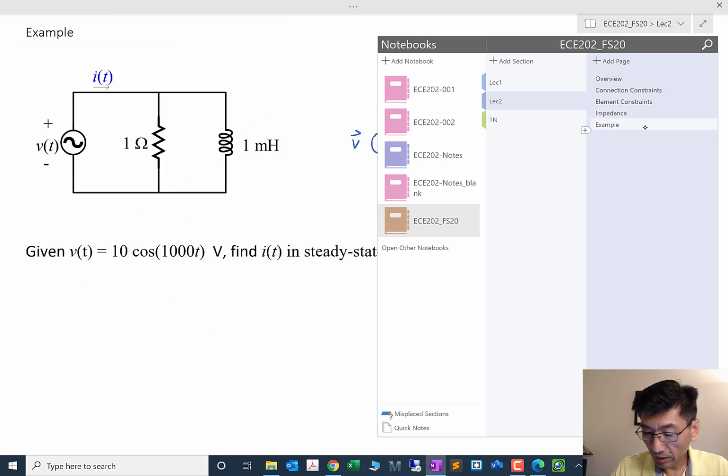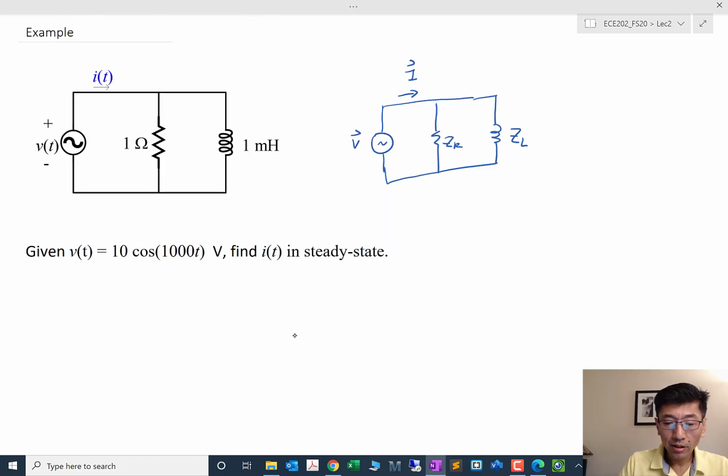Let's get to a simple example. You've talked so much about these phasors, so let's see, show me the example. This is a simple example we can use. I pre-drew this circuit to save some time on the video clip.